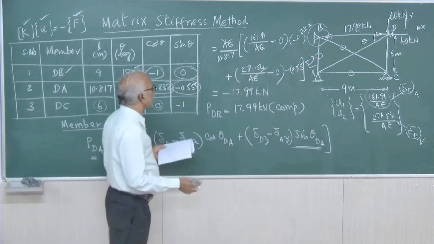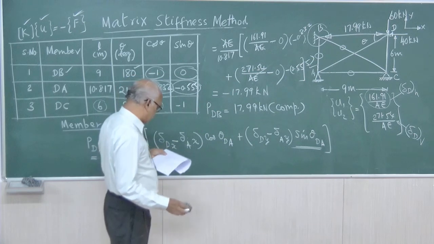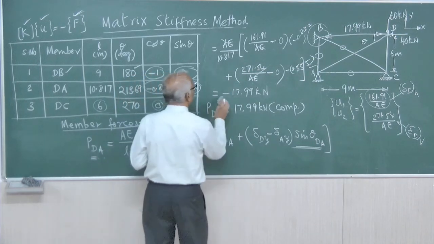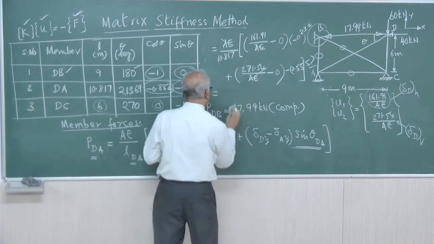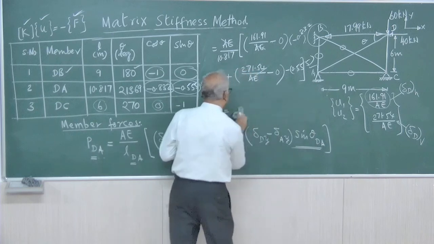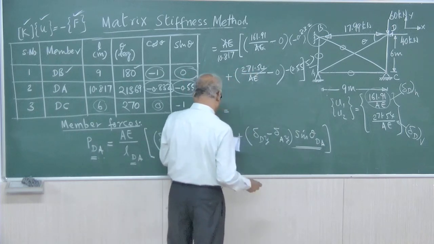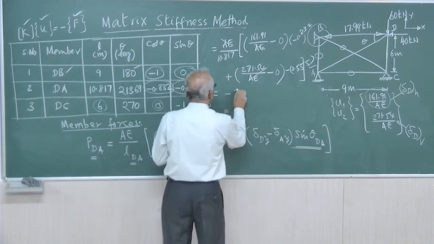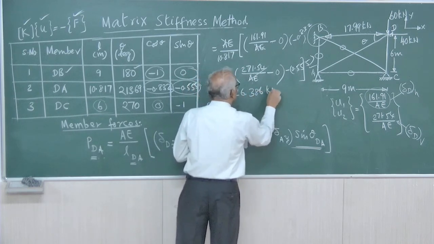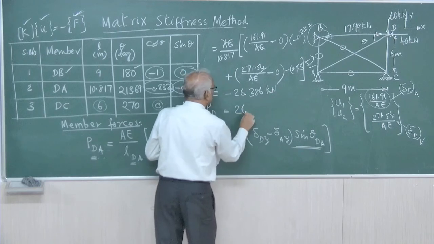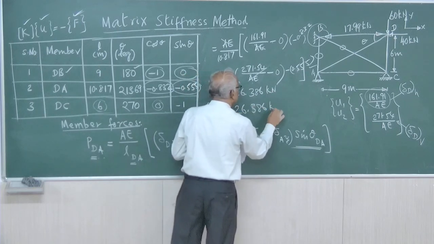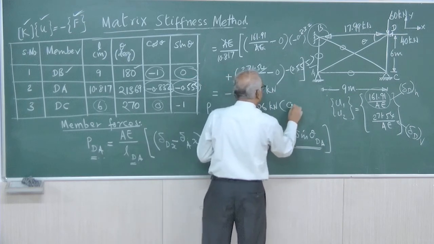So next is only calculations. The calculations will give this value equal to minus 26.386 kilonewton, or this is also 26.386 kilonewton compression.